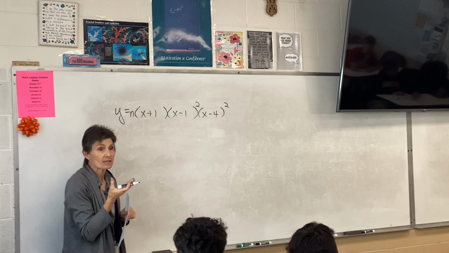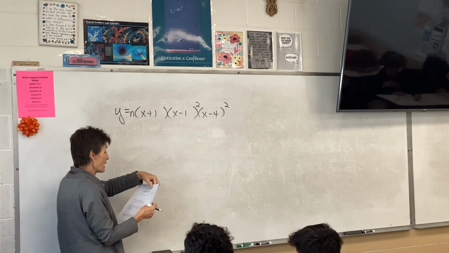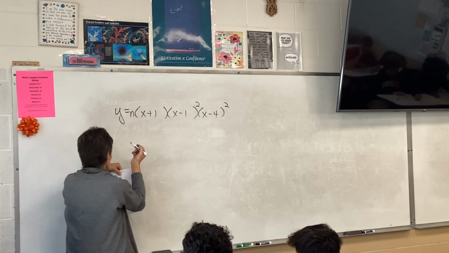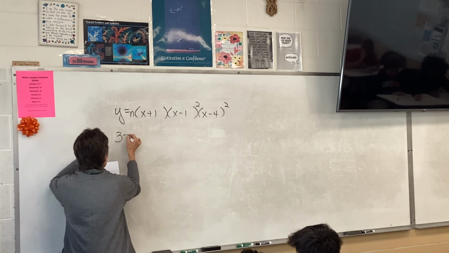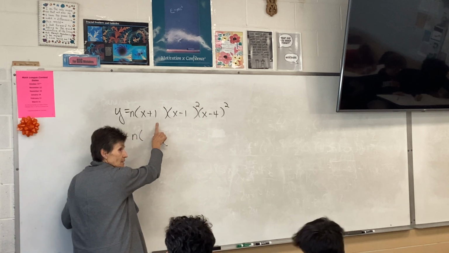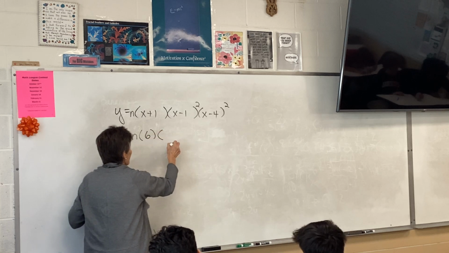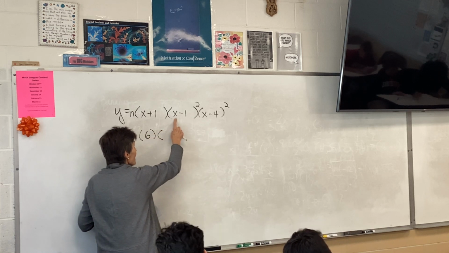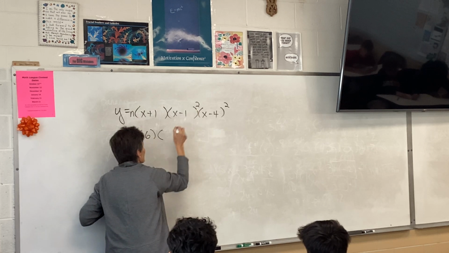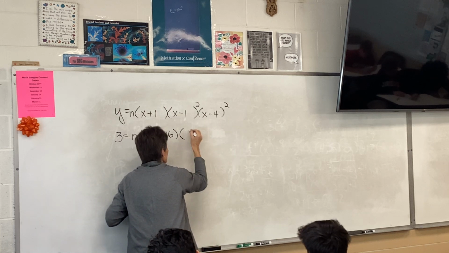Remember that leading coefficient. So I'll take that other random point I have, (5, 3), and we'll plug it in. I'm going to put 3 in for y, and 5 in for the x's. Now be careful here. 5 minus 1 is 4, but it is squared. And then 5 minus 4 is 1, squared is still 1.